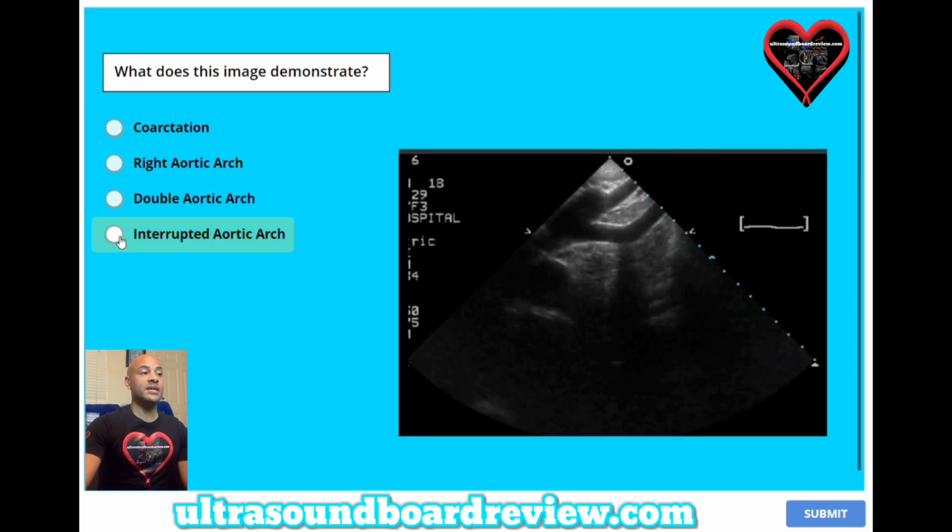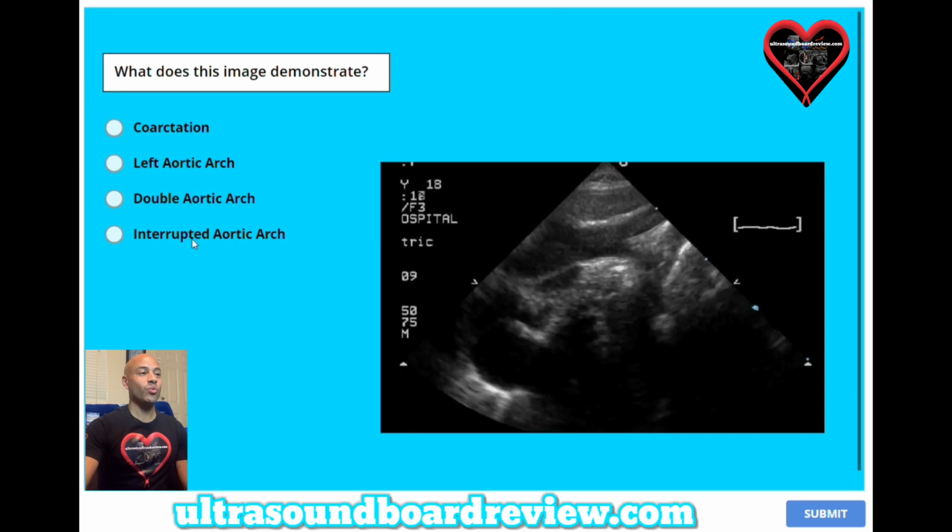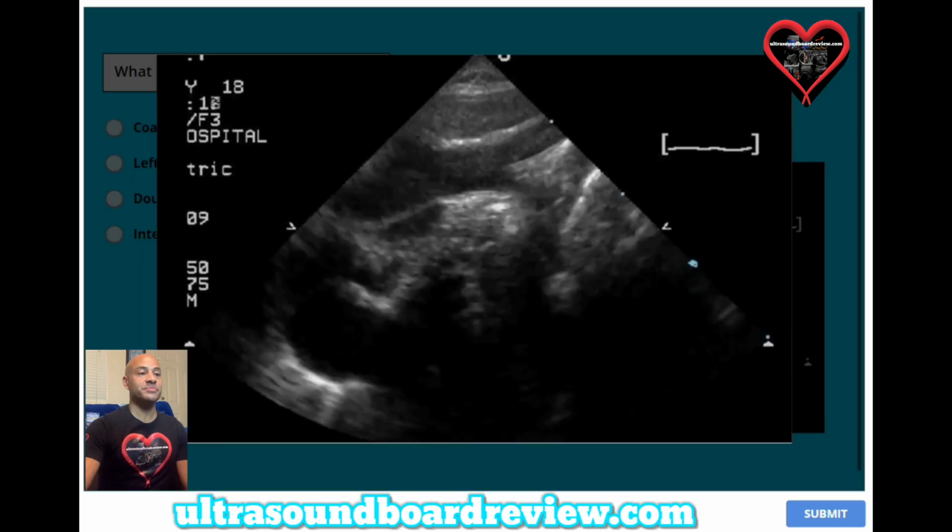The answer is D, interrupted aortic arch. Question 112. What does this image demonstrate? A, coarctation, B, left aortic arch, C, double aortic arch, or D, interrupted aortic arch?